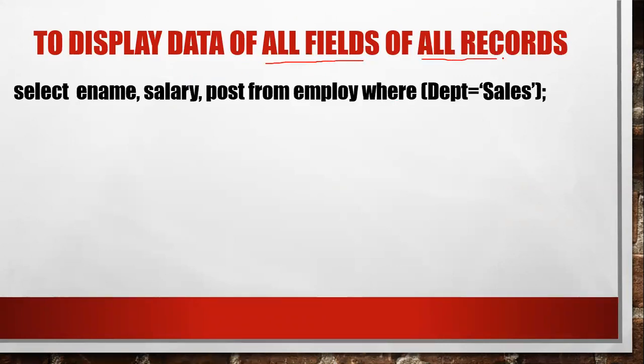So this is the third category, and the fourth category is to display data of all fields of all records. No, sorry, this one is not all fields, this one is specific fields. This is written by mistake. You have to write the fourth category as to display data of specific fields, and this one is also specific records.